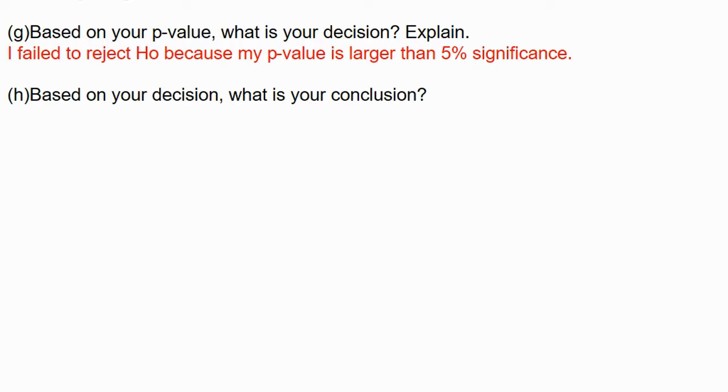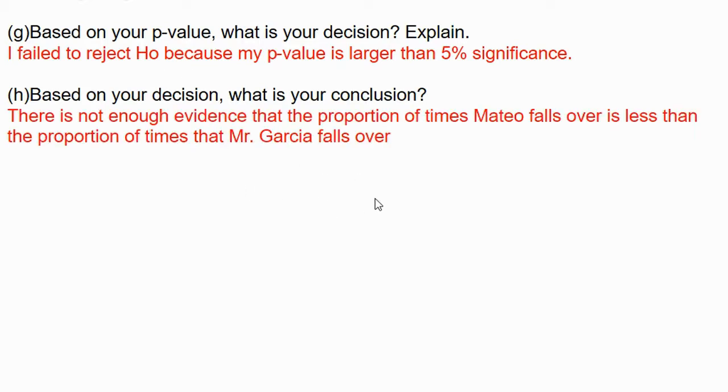So decisions are always about your null hypothesis. You either reject or do not reject the null hypothesis. Here we say, I do not reject the null because my p-value is more than 5%. And since you didn't reject the null, that means that you don't have enough evidence for the alternative. Or in other words, you can just answer the question.